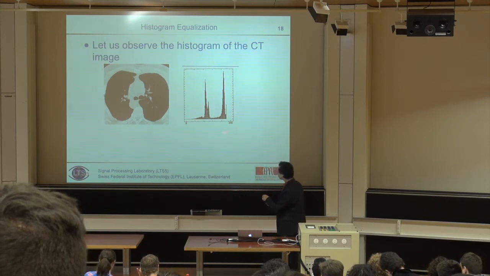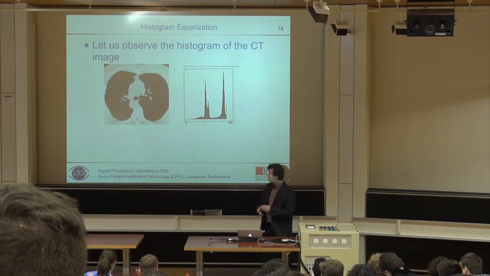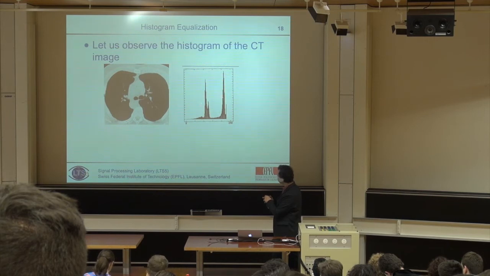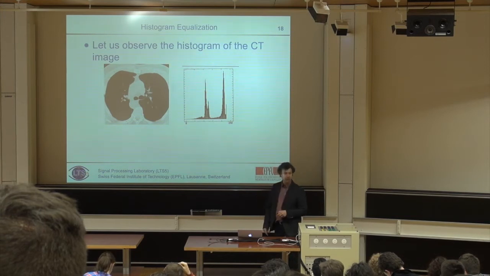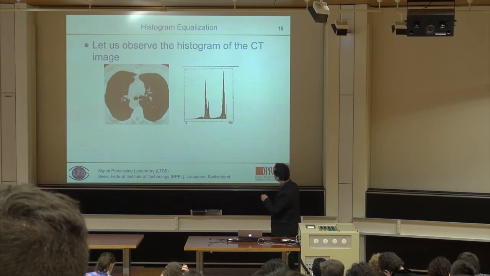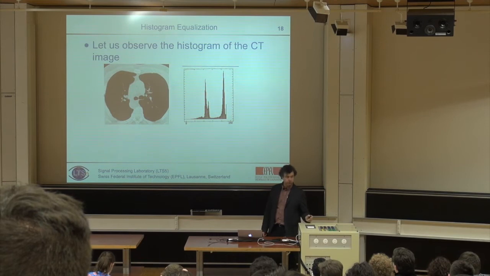If you looked at the histogram of that image, you see that there are two regions, one quite dark and one quite bright. You have many pixels that are quite bright, many pixels that are quite dark. Of course, those pixels are all those pixels of the lung, and those pixels are all those pixels of the tissues.